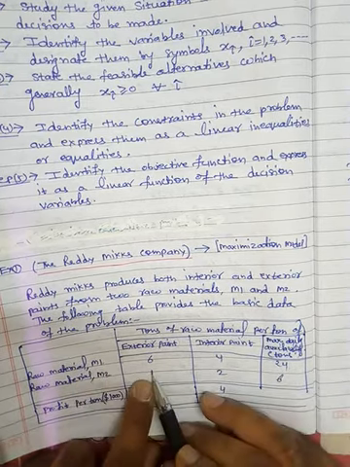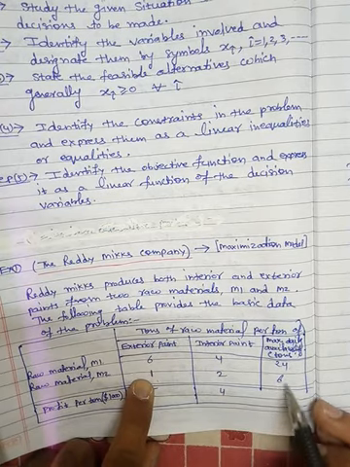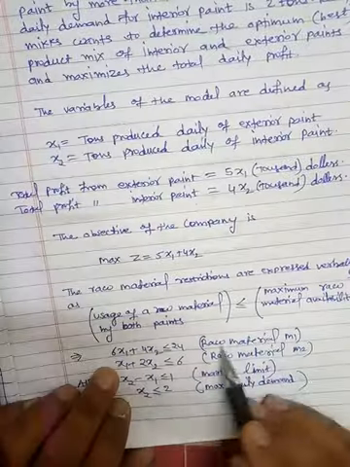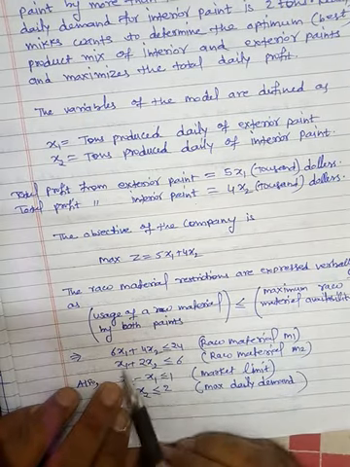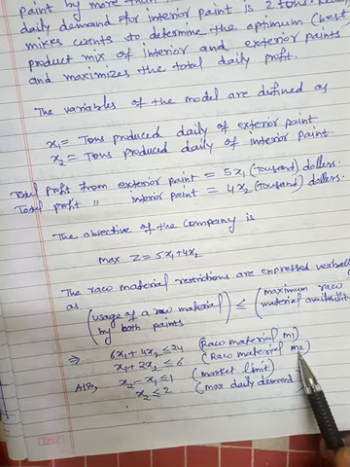Similarly, 1x1 plus 2x2 should be less than or equal to 6. This is the total availability of M2 material. Hence the raw material constraint for M1 is 6x1 plus 4x2 is less than or equal to 24, and for M2, x1 plus 2x2 is less than or equal to 6.